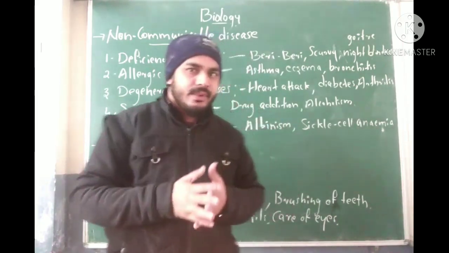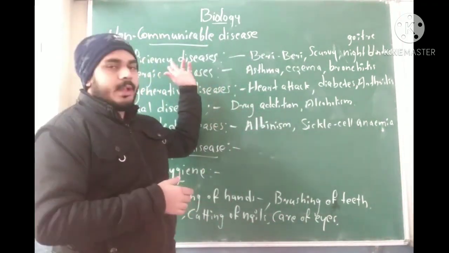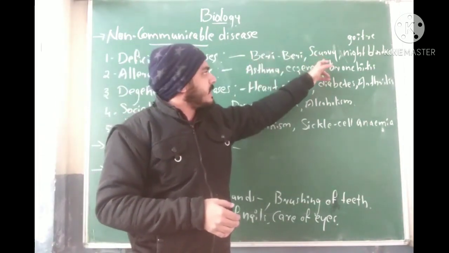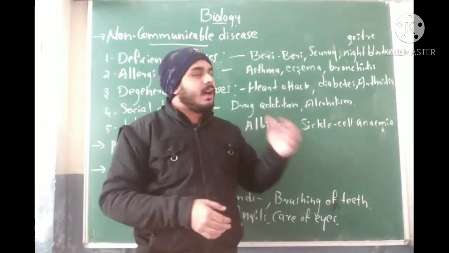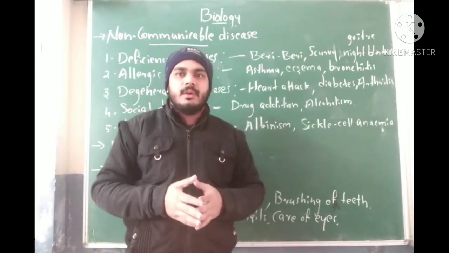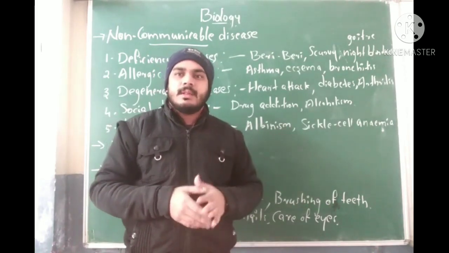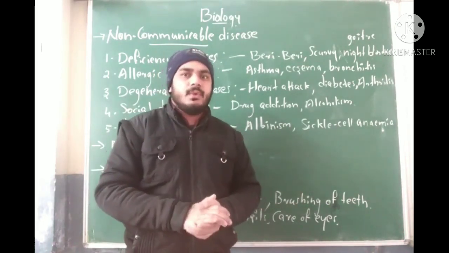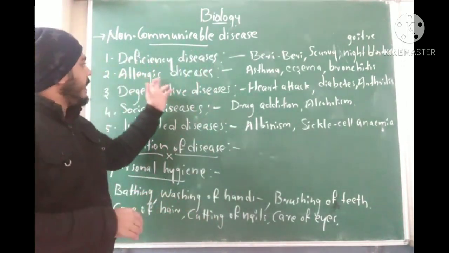So see which types of disease are formed due to deficiency. Beriberi, and next scurvy, night blindness, and goiter. These types of disease are caused by the deficiency of some nutritional materials. Next one, allergic disease.